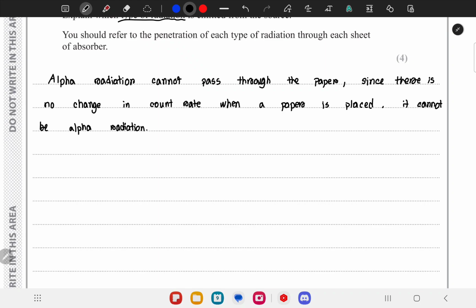This is our description of why it can't be alpha. Now we also have to describe why it isn't gamma and it is beta.